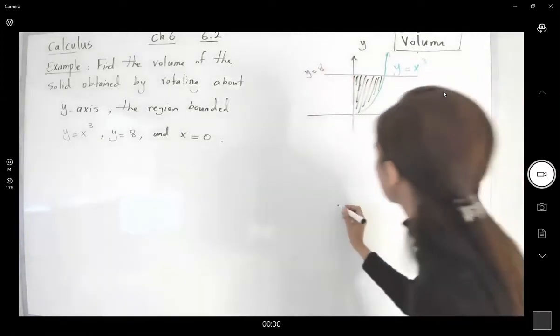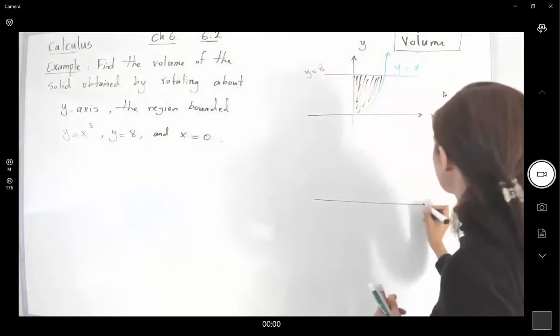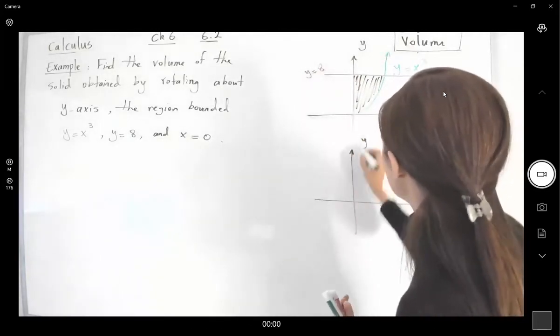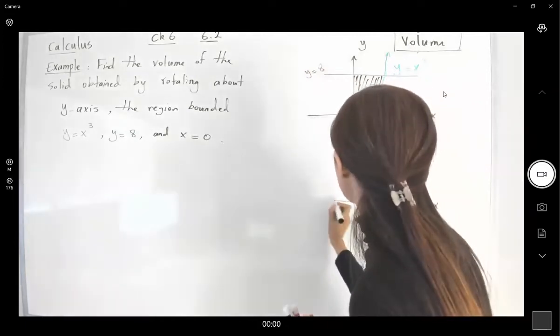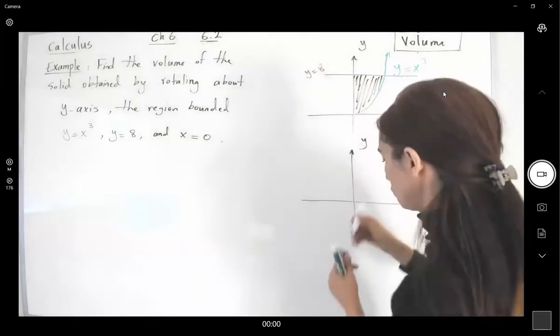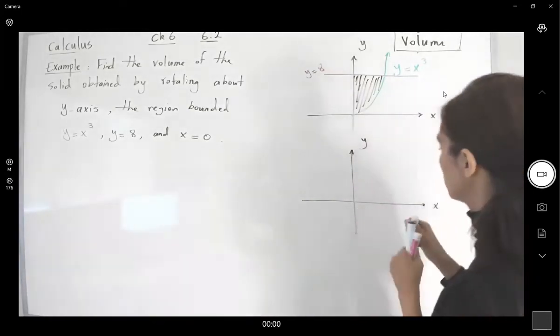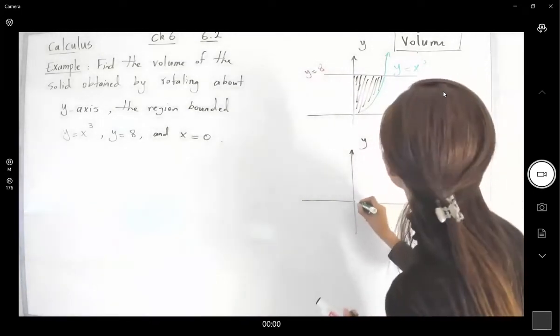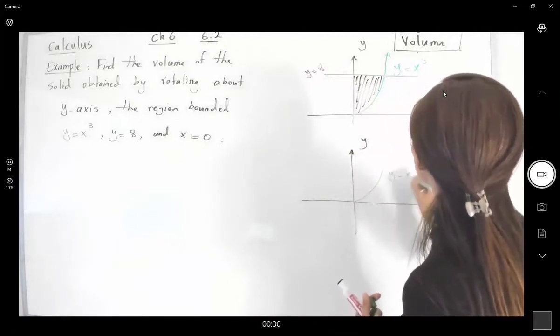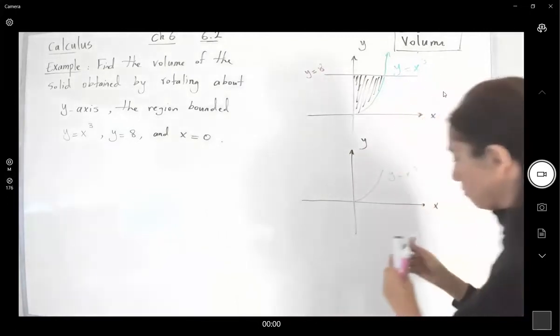So what are we trying to do? This is my x-axis, this is my y-axis, and this is the rotation about the y-axis. Y equals x cubed.